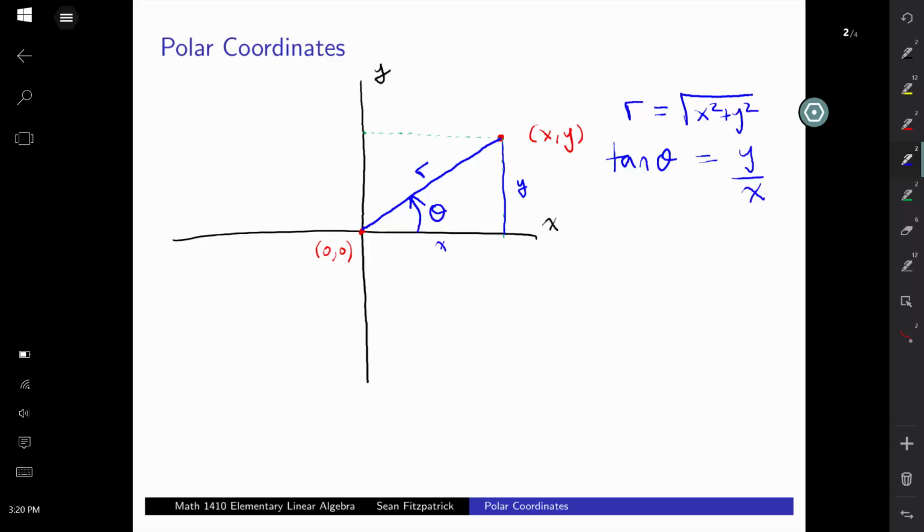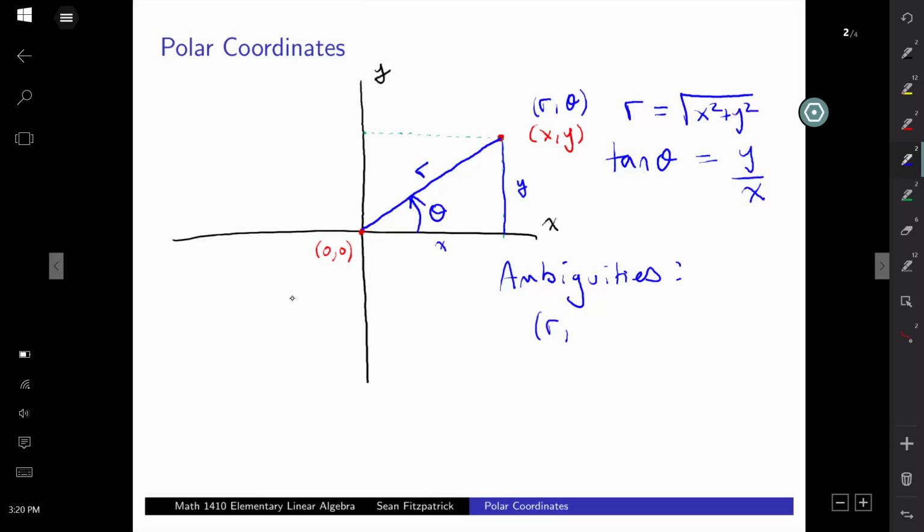The only thing to beware of when you're dealing with polar coordinates is that there are some ambiguities. So, for example, we might label this point here, instead of labeling it as x y, as r theta.